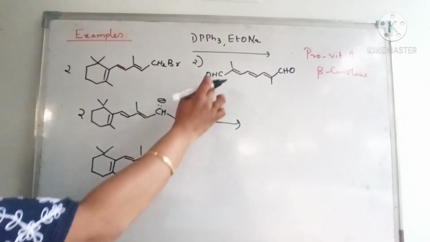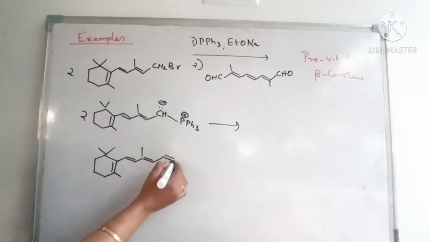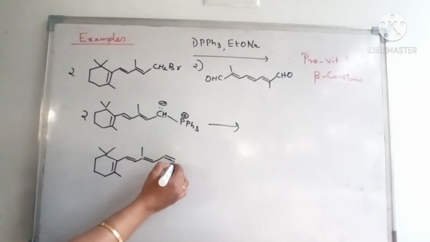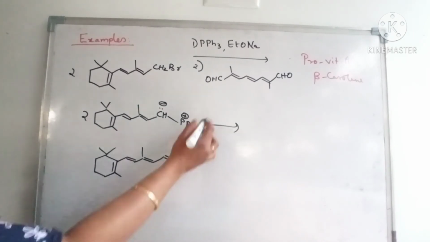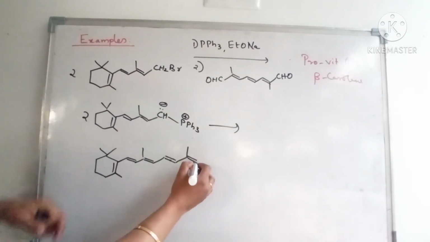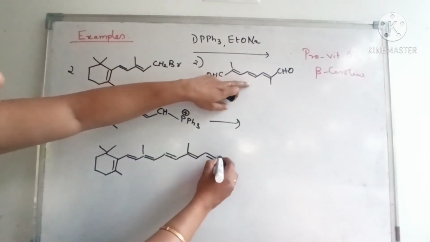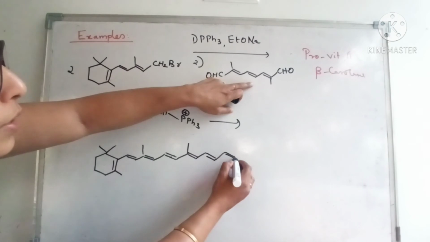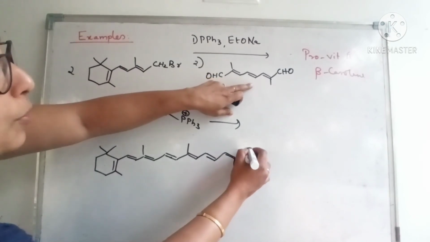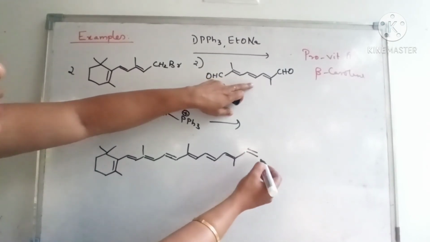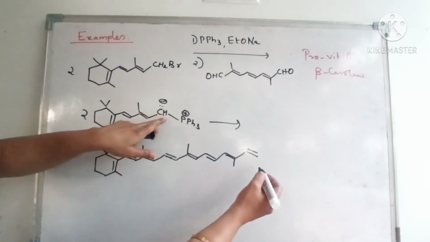Then this carbon is the carbonyl carbon. Now here one alkyl group, again double bond. Carbon, double bond, single bond, double bond, methyl group. Here the carbonyl carbon, so the double bond will come there.